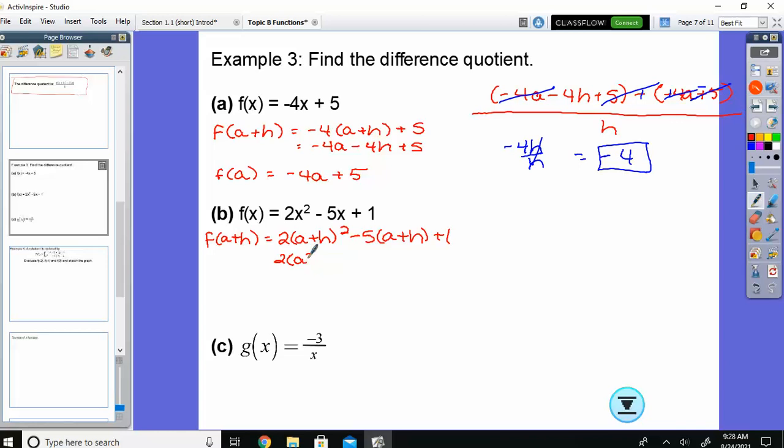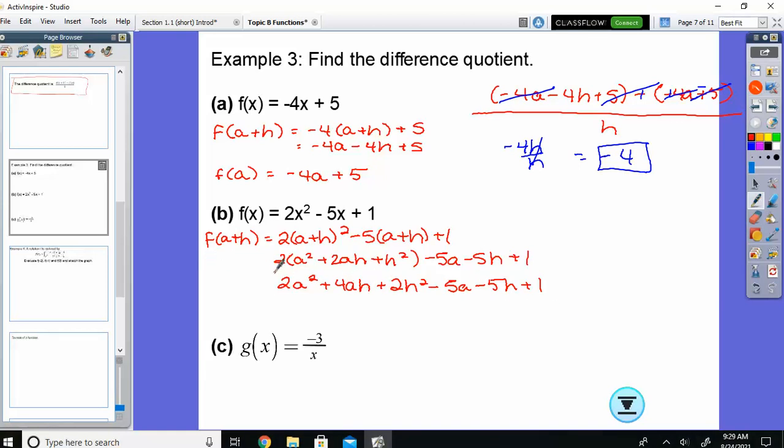To square that, we have to FOIL it, so you get a squared plus 2ah plus h squared. So that's my f of a plus h.